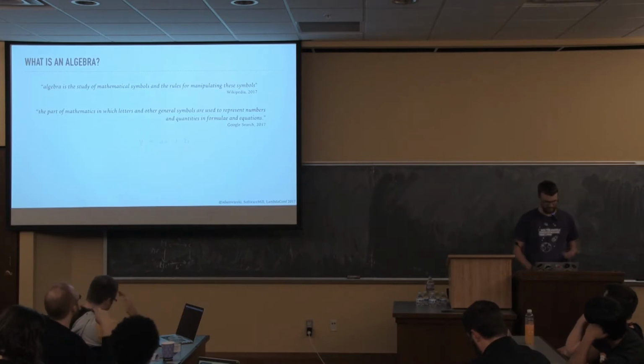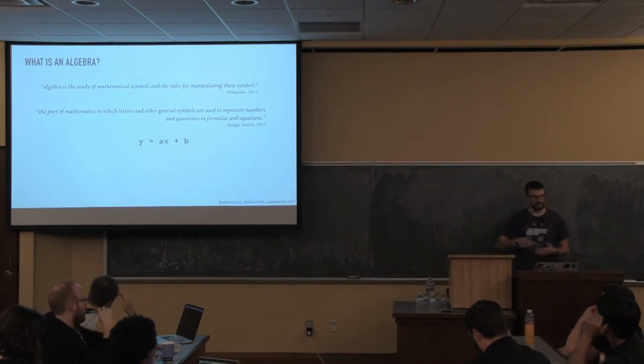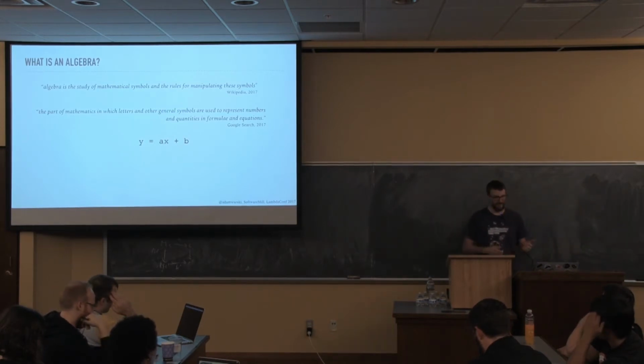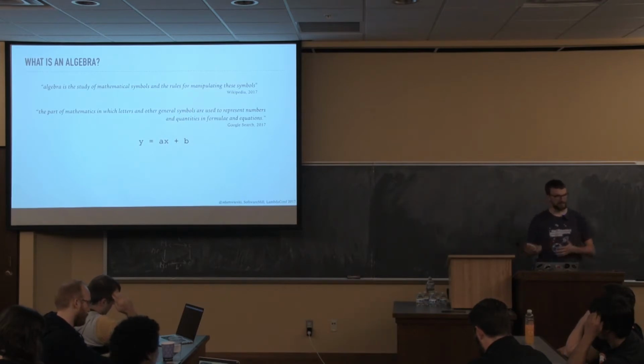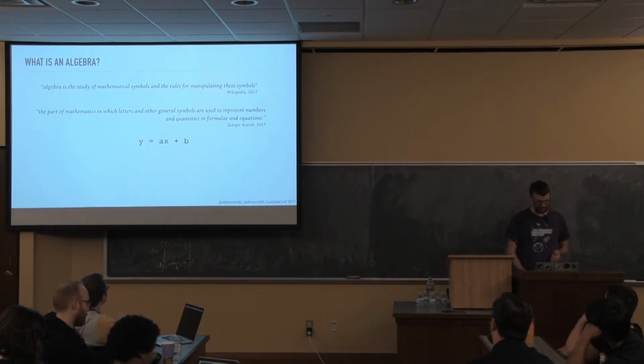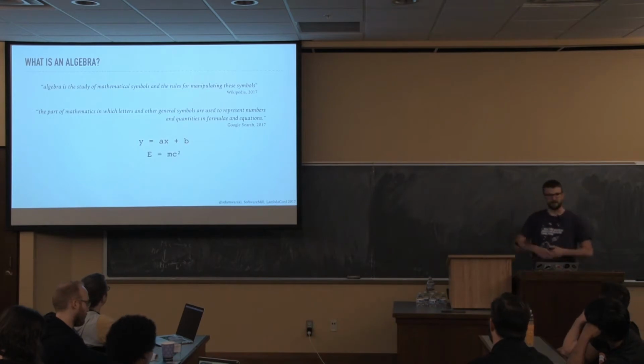We see quite a lot of examples throughout our lives of various algebras. A very simple example is the linear equation, right? There are some symbols involved: x is a variable, a and b are constants, and so on. We have some other symbols like plus and equals here. And there are some rules how we can manipulate them. There are a lot of other algebras that we encounter in everyday life, like E equals mc squared.